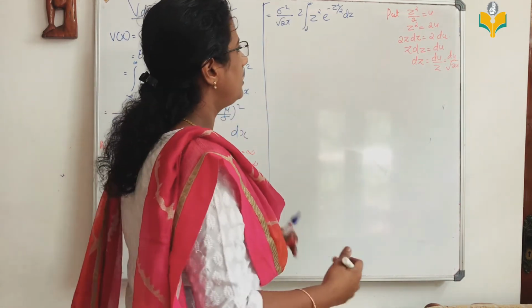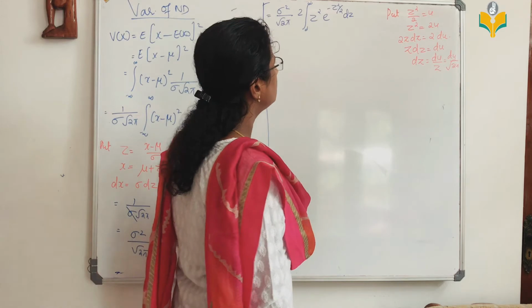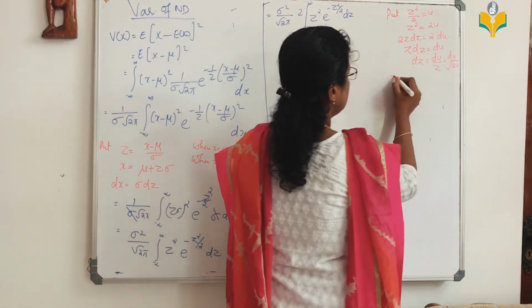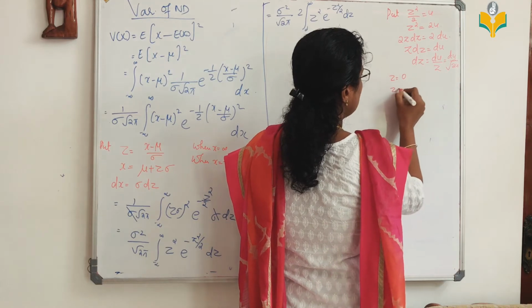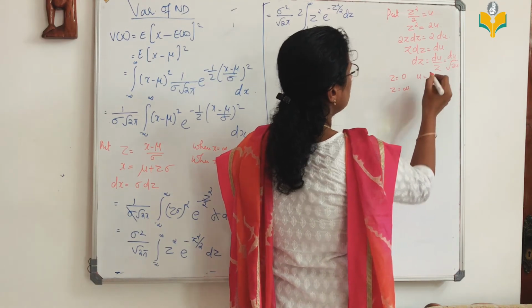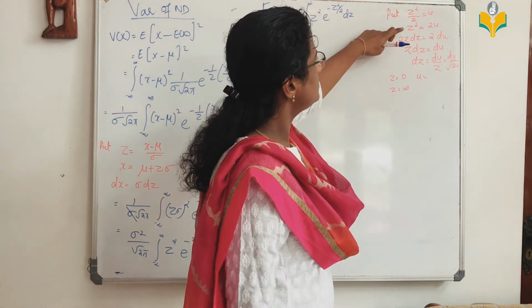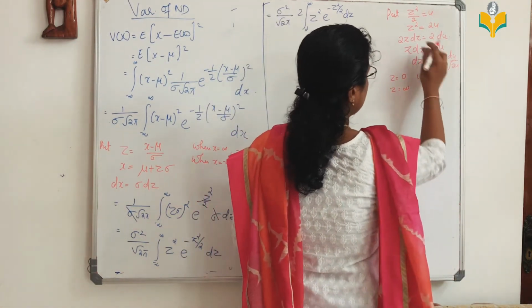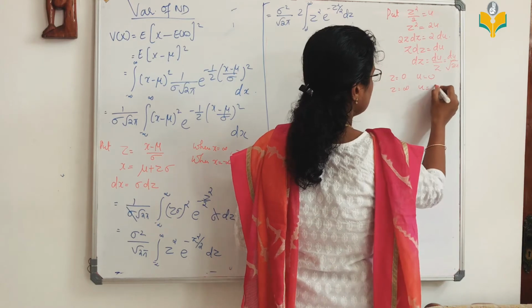Alright. Then what about the range? Here z ranges from 0 to infinity. Then what about u? When z equal to 0, u will also be 0. When z equal to infinity, u is also infinity.